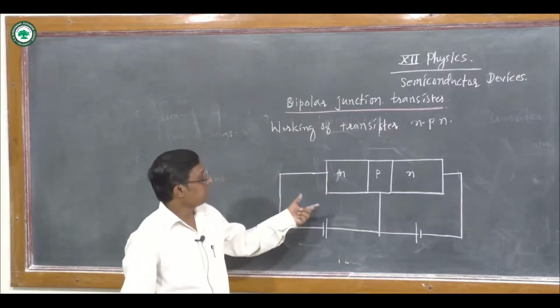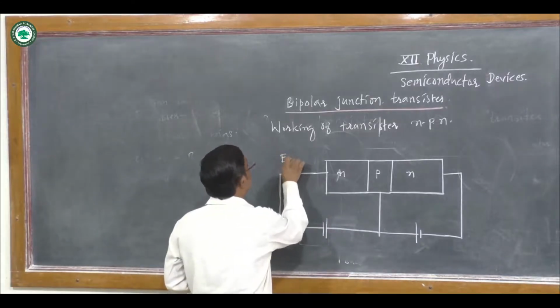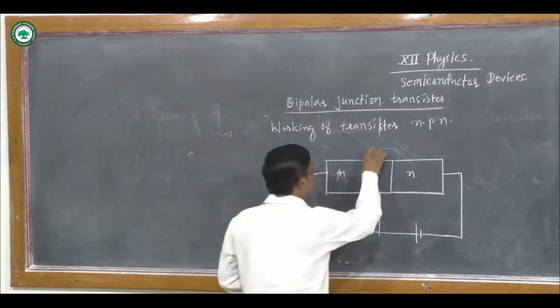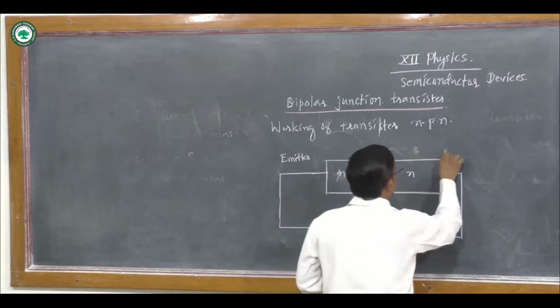Here is the NPN transistor. The emitter is made up of the N type of material. Here this one is the base and this one is the collector.